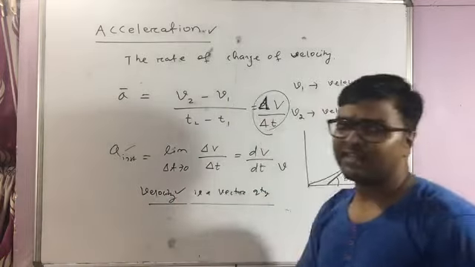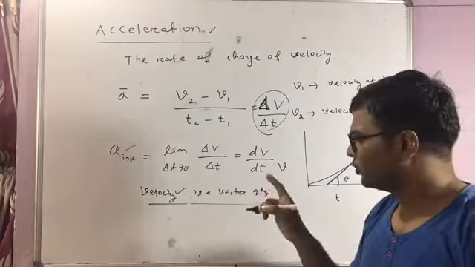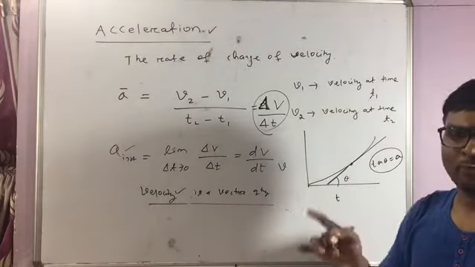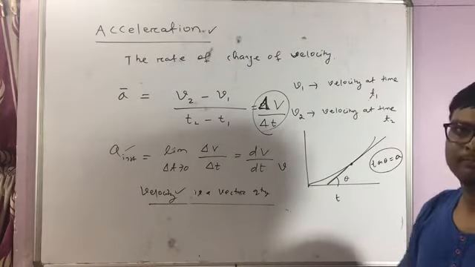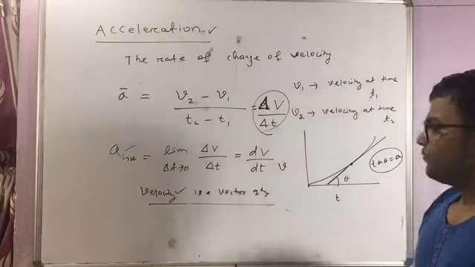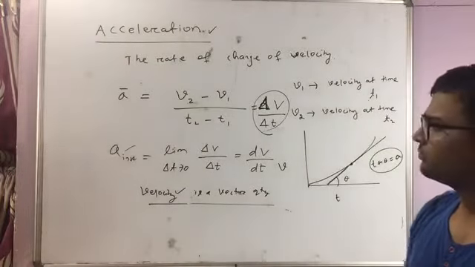A vector quantity is a quantity having both magnitude as well as direction, and they obey vector laws of addition. Since it is a vector quantity, it must have some direction.